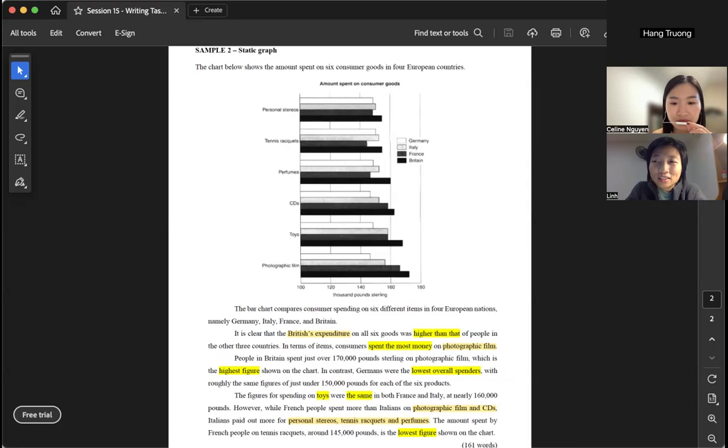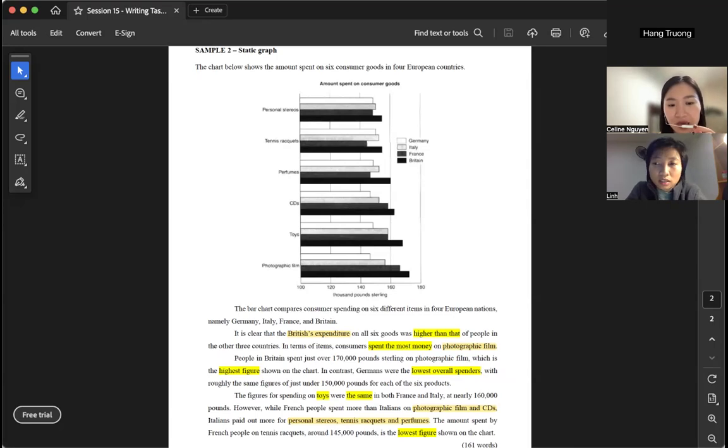Very nice phrase. In the next graph, they show a contrasting picture between Britain and Germany, which have the highest and lowest amount of spending.